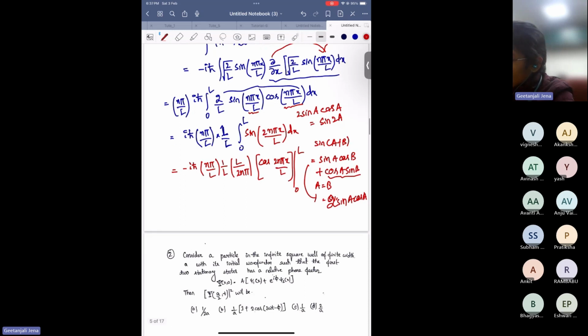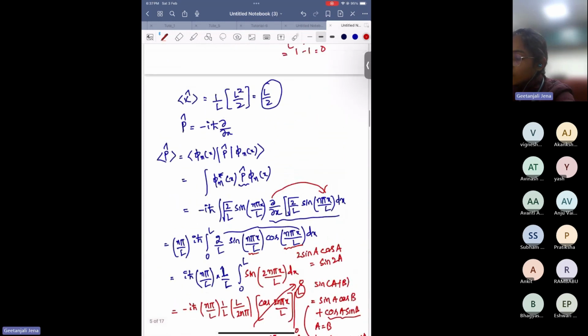Now if you put the upper and lower limit, this will give cos 2n pi for L, and for 0 it will be simple cos 0. So this is nothing but a 0. So that means this whole term is 0. So the expectation value of momentum operator will be 0. So the first question is solved.